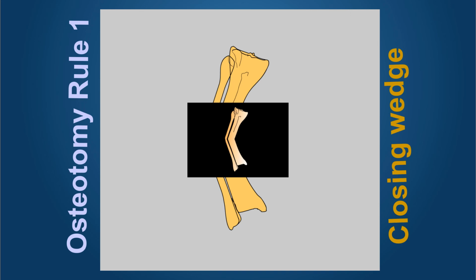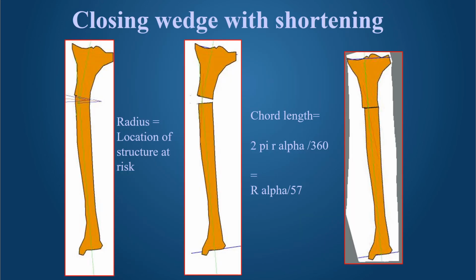The CORA is visible, and we have the CORA and the transverse bisector line, which is the axis of correction of angulation, and we choose to perform the osteotomy as a closing wedge with the hinge on the concave cortex, and the bone is resected. Here in this case we would place the hinge away more towards the concavity to achieve shortening as well.